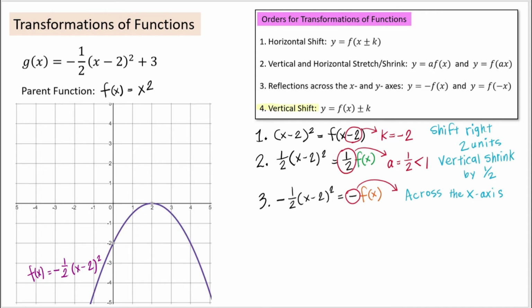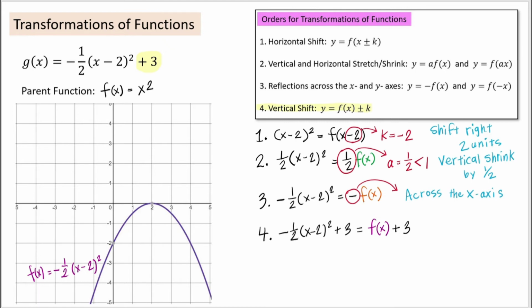The fourth step is the vertical shift. We see positive 3 attached to the function we considered in step 3. Then negative 1 over 2 times (x minus 2) squared plus 3 is equal to f of x plus 3.